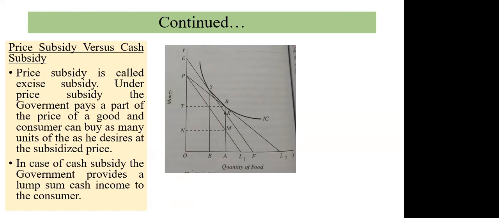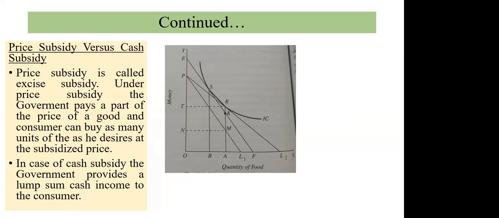So, suppose I am a consumer and I have a particular money income, and the price of food is given. With the given money income and the quantity of food I'm purchasing with that money income, my initial budget line is PL1.